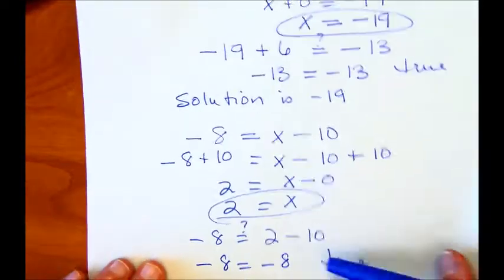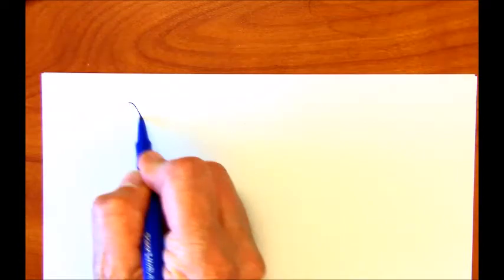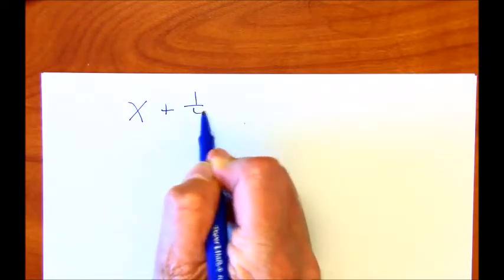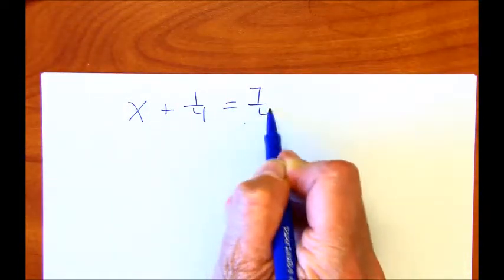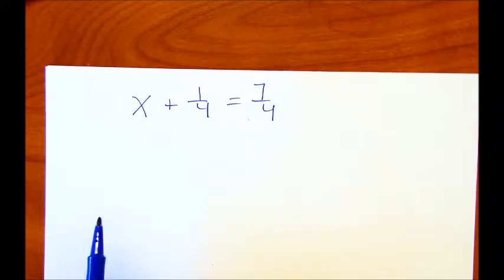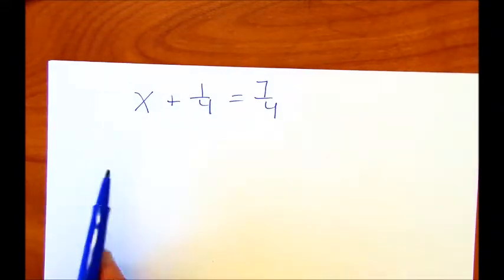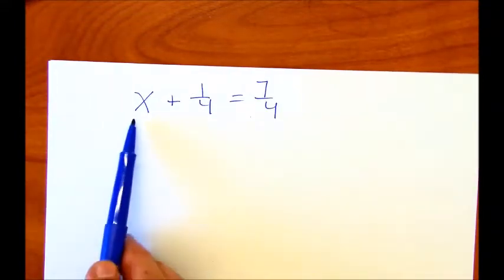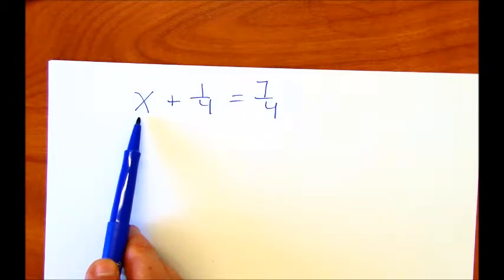Okay, let's do one with a fraction and a decimal just to get some additional practice working with those types of numbers. First one is going to be a fraction, and let's say we've got x plus 1/4 equals 7/4. And we're not going to do one where you've got to find a common denominator. We'll try to keep it easy here for you. So again, we want to isolate the x.